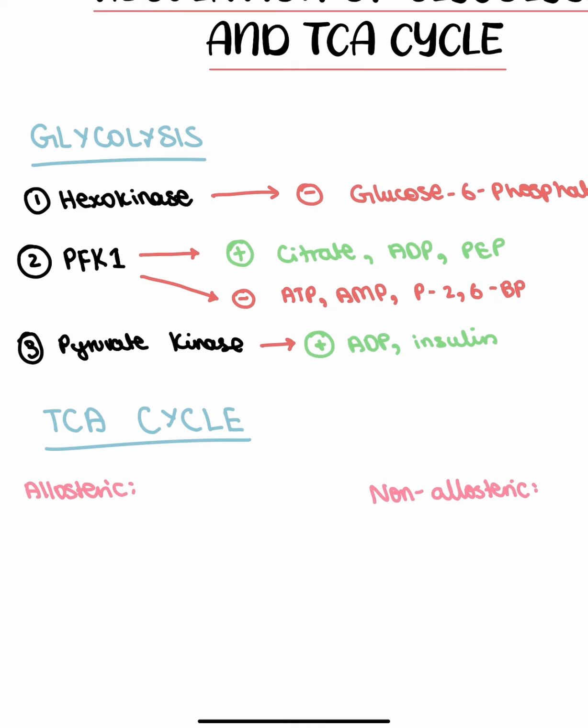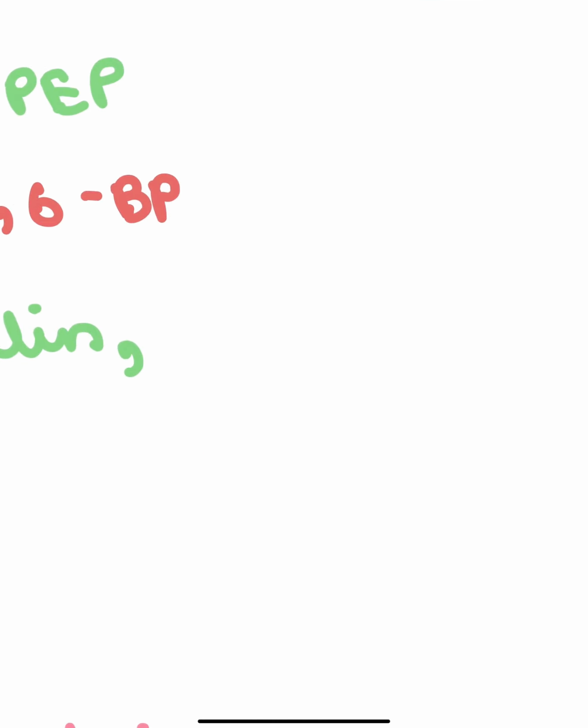And there is also fructose 1,6-bisphosphate, the product of phosphofructokinase 1 in glycolysis. So that is also a stimulator, because if we have more of that, that means we want more pyruvate kinase to be created.